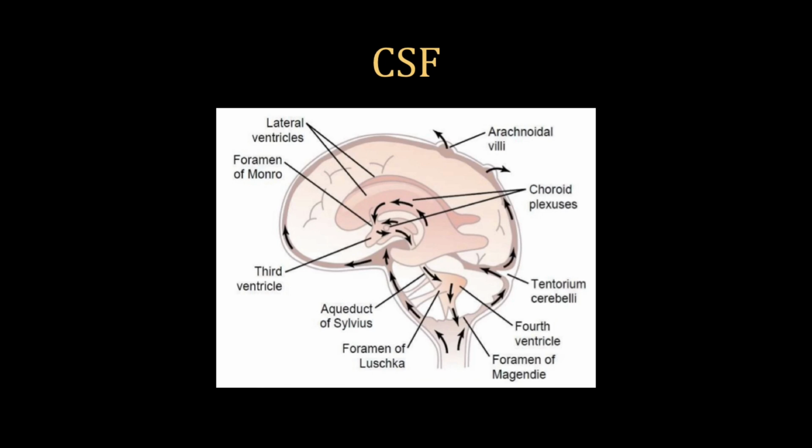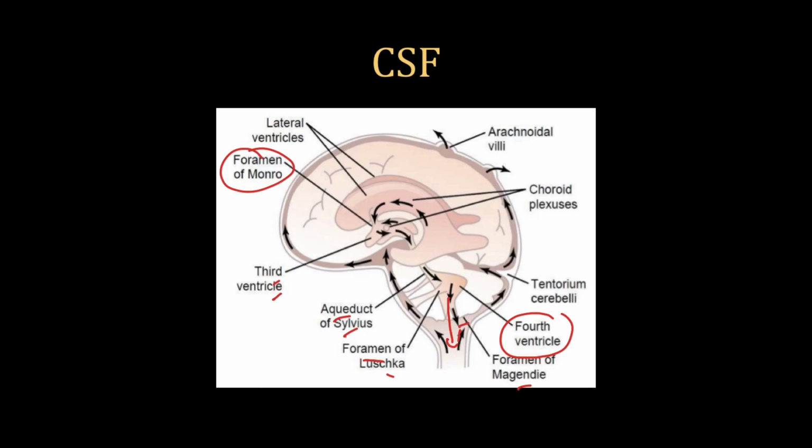Okay, let's talk about CSF for some time. CSF or cerebrospinal fluid is secreted from the lateral ventricles. It goes to the third ventricle via the foramen of Monro, and from the third ventricle it goes to the fourth ventricle via the aqueduct of Sylvius. From the fourth ventricle, it goes to the subarachnoid space via the foramina of Luschka and Magendie.